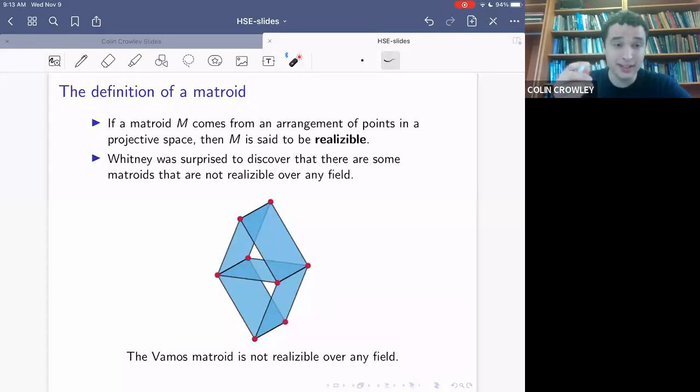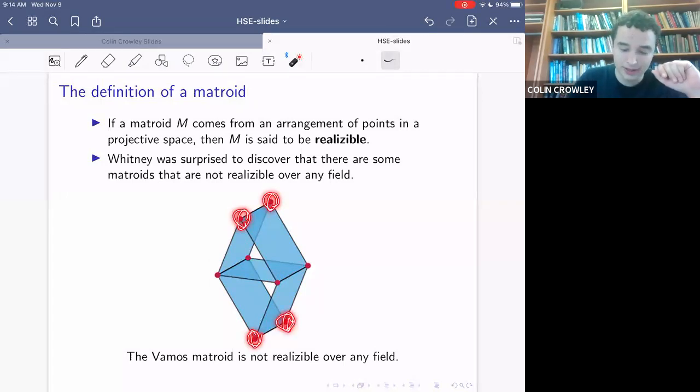And what this diagram means is, so these 4 points are not independent because they lie on this blue plane that is pictured here. So each one of these blue planes corresponds to a dependence relation among a set of 4 points. But for instance, these 4 points, in this matroid, are required to be independent because there's no plane containing them. And likewise, these 4 points, the 2 top and the 2 bottom, there's no plane containing these 4 points.